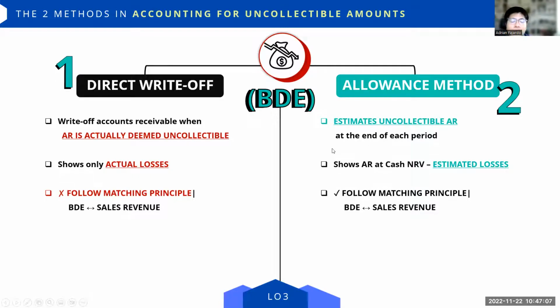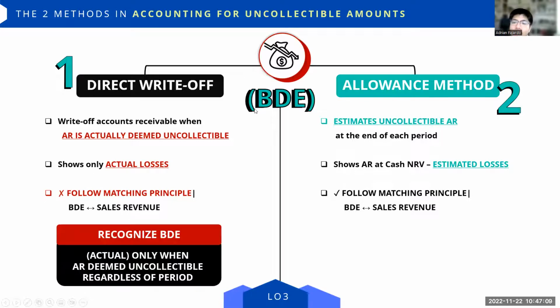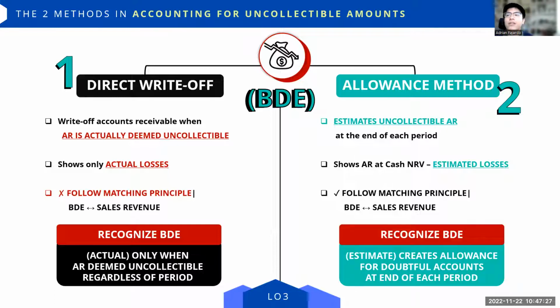So in summary, what are the major differences? In direct write-off, you recognize BDE only when it comes to actual losses. Okay, again, for direct write-off, actual losses. It needs to be actual, actually deemed uncollectible. For allowance method, estimate.